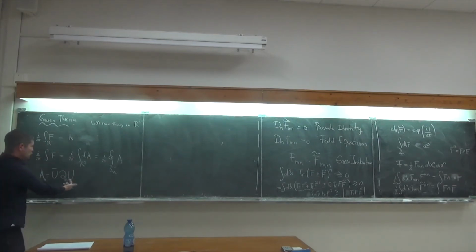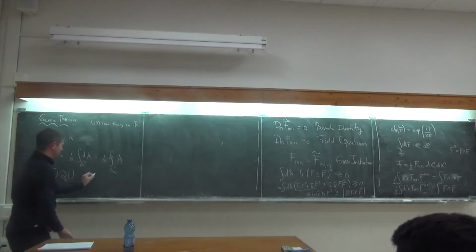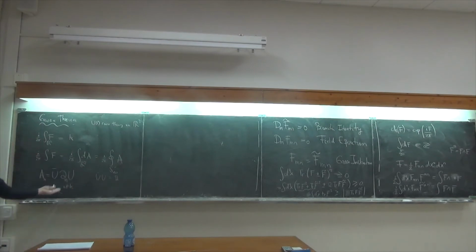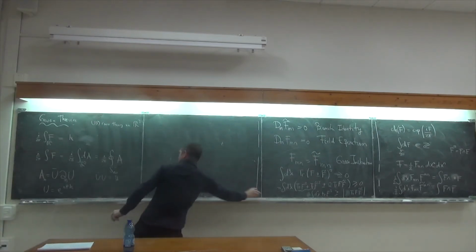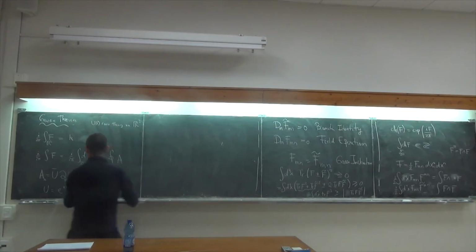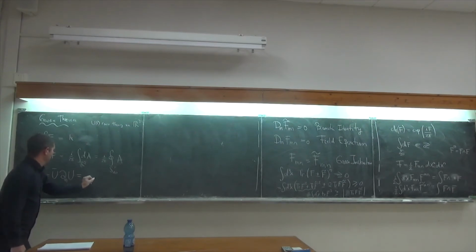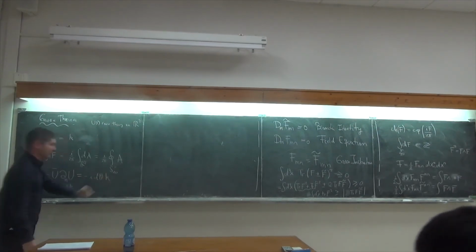It should be an integer k, because theta going to 2 pi should come back to the same point. Therefore, A is just minus i d theta times k.